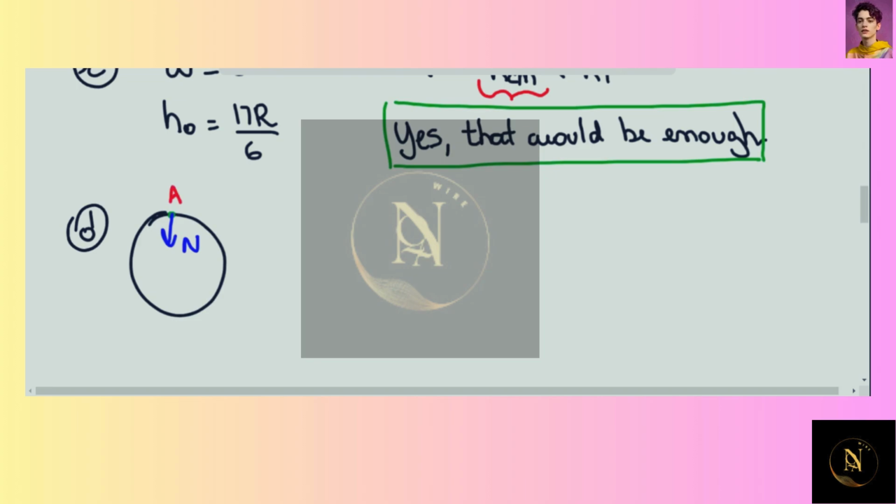Well, notice that the normal force plus the gravitational force is equal to mv squared over r. And also, we need to find the value of v at that point.